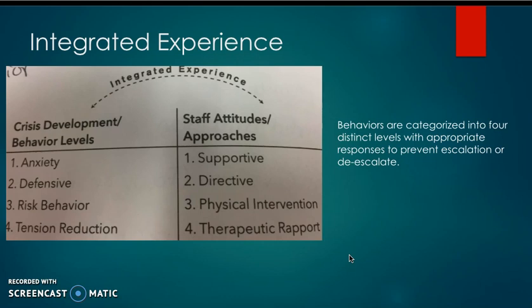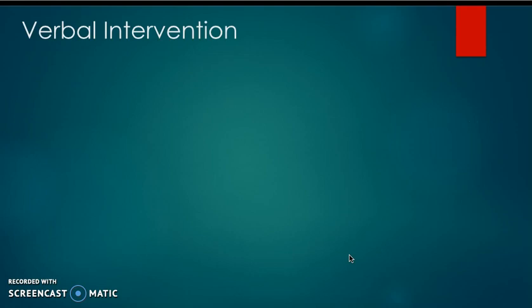Risk behavior may present a risk to the student or to others, so physical intervention may be necessary to disengage and manage those risk behaviors. Finally, the tension reduction is a decrease in physical and emotional energy, and we can combat this through therapeutic rapport, which is where we can reestablish communication with the student.